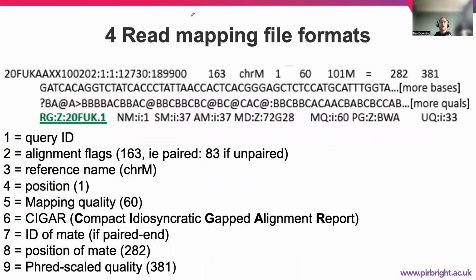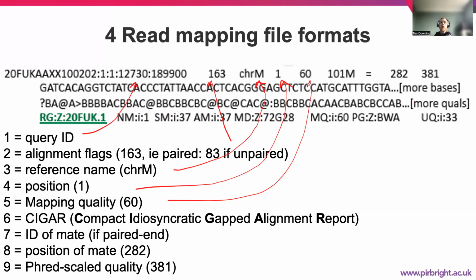In terms of the details, we have the ID, the alignment flags, the reference name, which may just be a single chromosome for a virus, the position, and the mapping quality, which is high here. The CIGAR, compact idiosyncratic gapped alignment report, is simply the format. Then the ID of the mate, if it is paired end, so you see just an equal sign there.